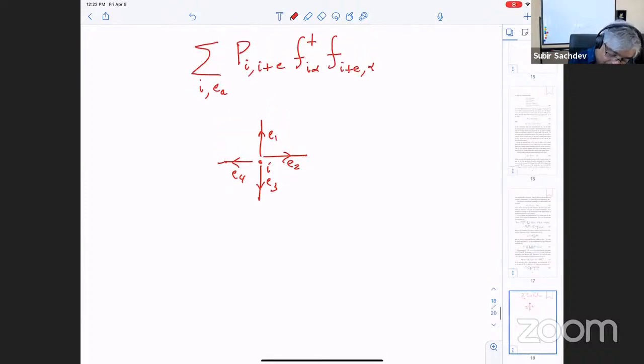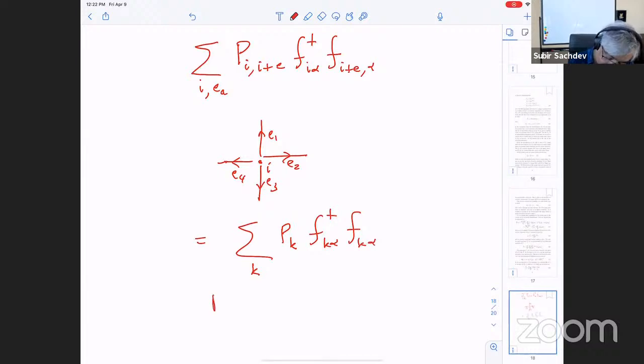And now when you do a Fourier transform, this becomes sum on K, P_K times F dagger K alpha, F K alpha. It preserves the momentum, times P_K, and P_K is sum on E alpha of e to the i K dot E alpha.